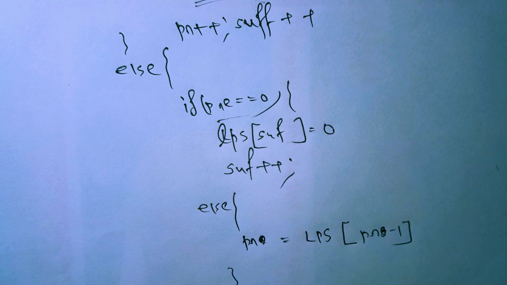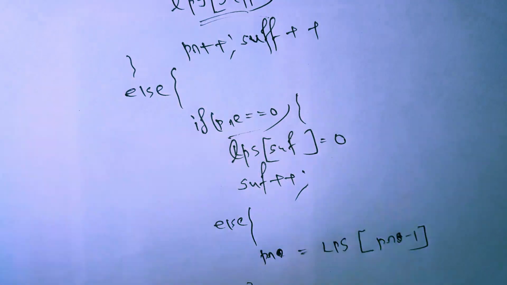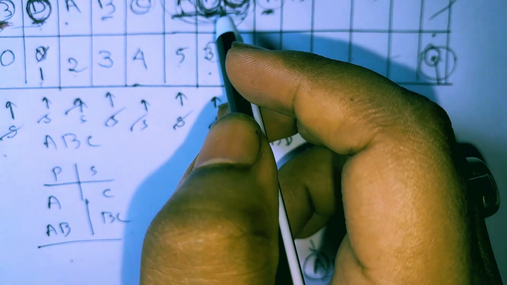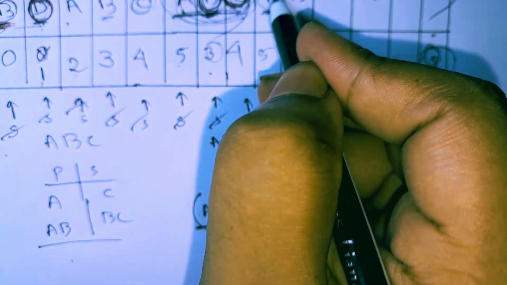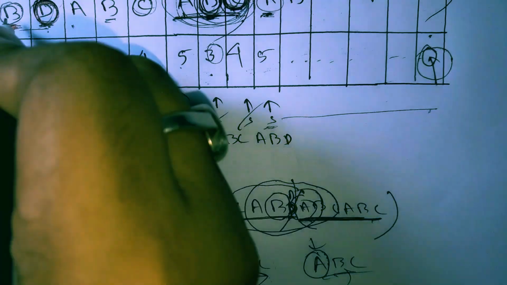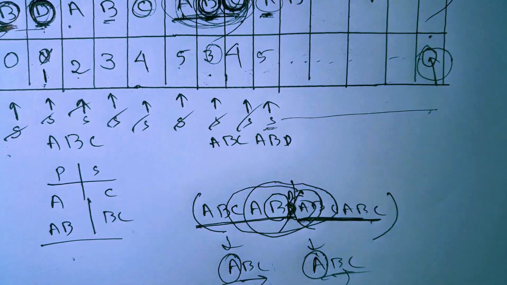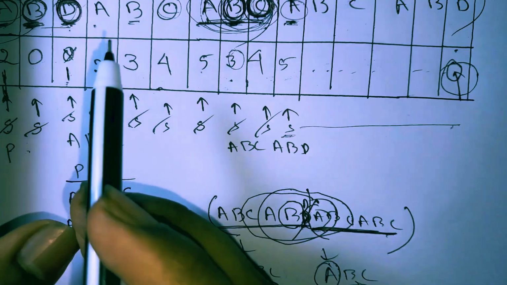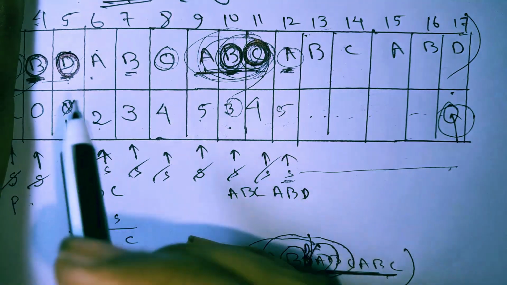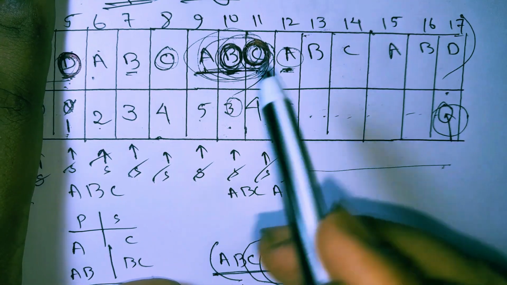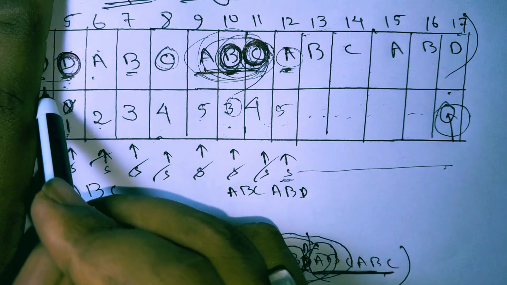Why I have done this, because see here, this element pre minus, mismatch happened, C and D mismatch has happened. So suppose when I was checking, this part is not there. The mismatch happened here, and I am checking beyond this.